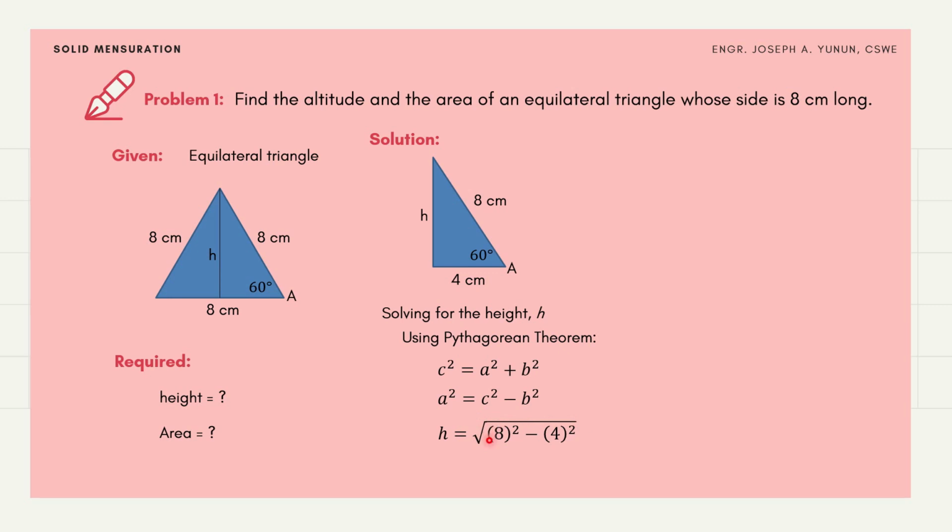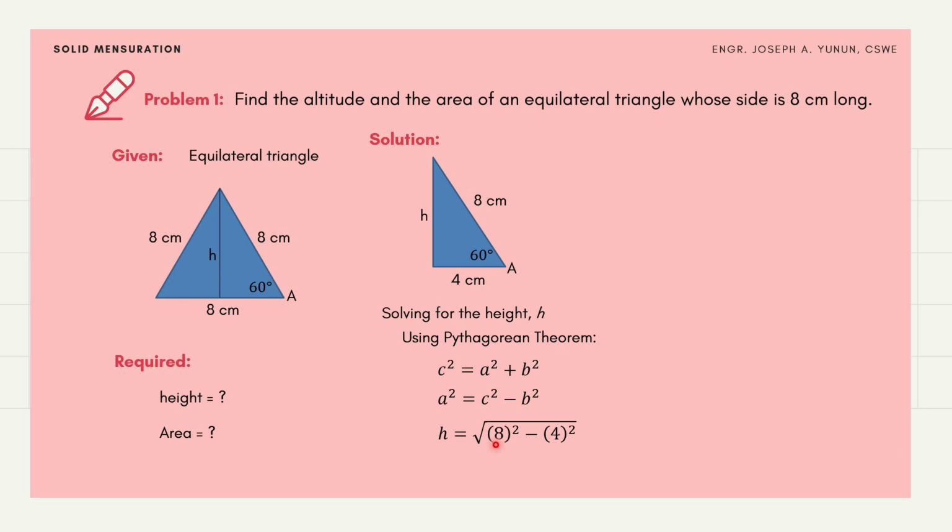square root. Okay, I have taken the square root of both sides in order for me to eliminate the exponent 2 here. Okay, then you have the hypotenuse, which is 8, and then you have side B, which is given as 4 centimeters.